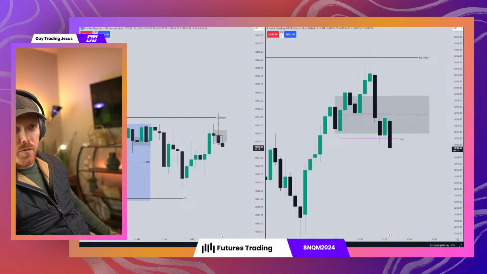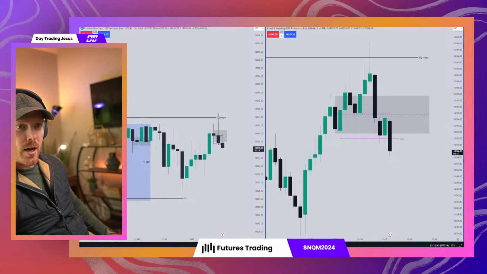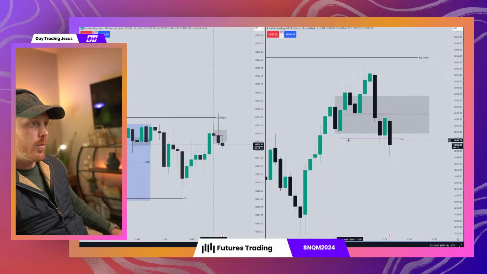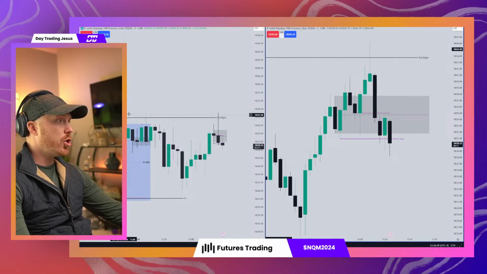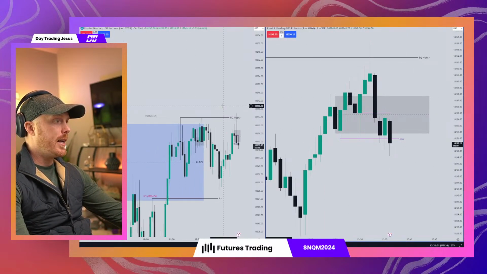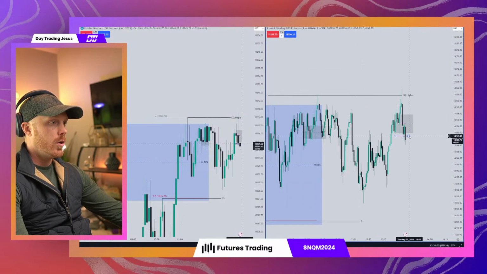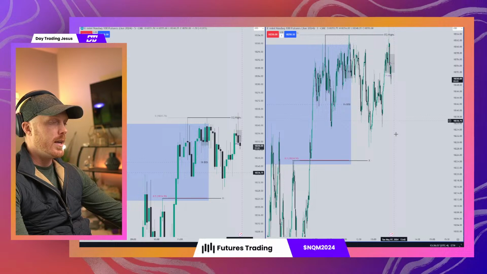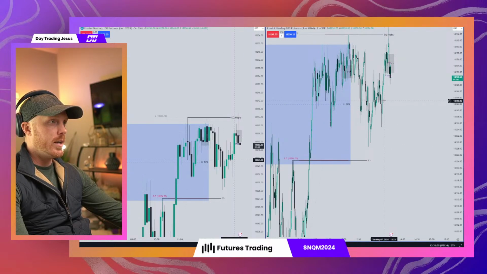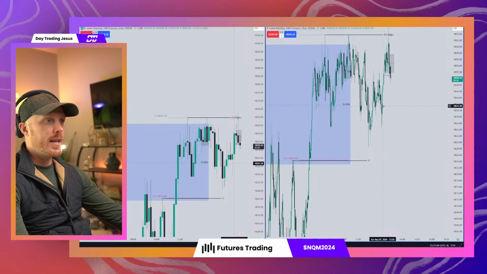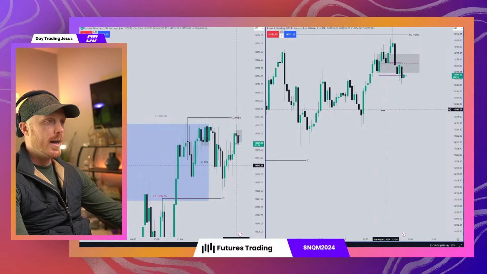Honey Roy, so if I understand ICT correctly, it just took out external liquidity and now it's looking for internal liquidity, right? We just took external liquidity and it could run for internal liquidity, and that internal liquidity could be anywhere down here. If it wants to go higher, then yes, it will stop at a level of internal liquidity, which would be right here.